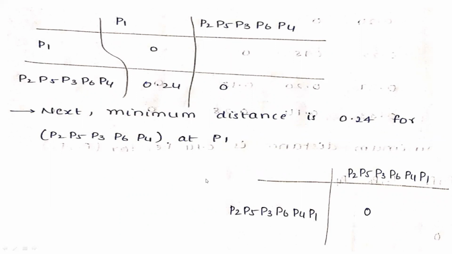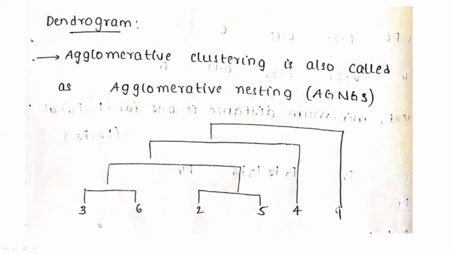Later on, this is the process we followed for agglomerative hierarchical clustering. See how we have done. Initially we have taken each and every data point as a single cluster. Later on, we merged 3 with 6, one cluster, and 2 with 5, one cluster. These 2 clusters together form one single cluster.